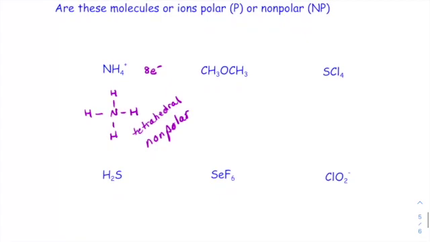And then for the one right below it, I still have 8 electrons. And the way I drew it, it looks like those hydrogens cancel each other out. But the way I drew it isn't the way it really is. It's a bent molecule.